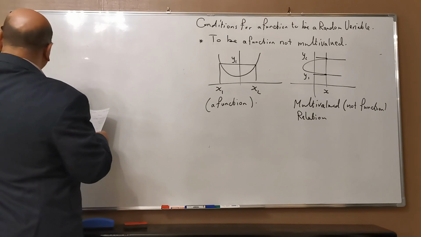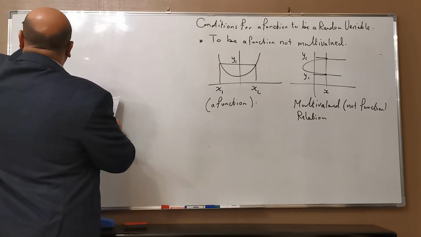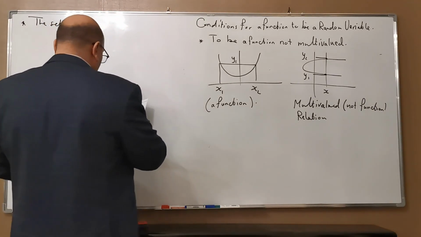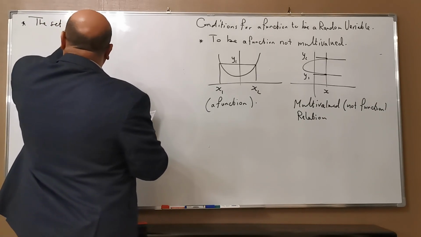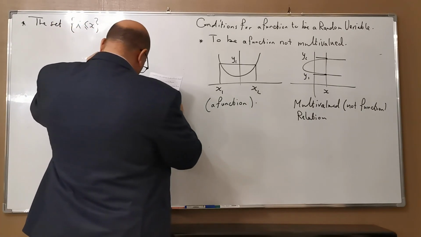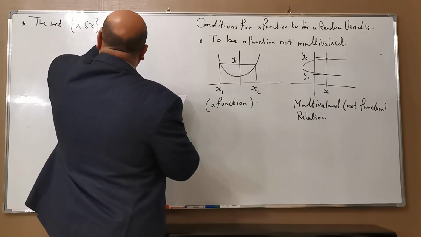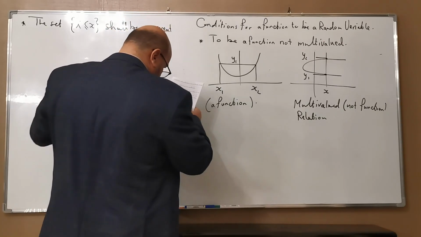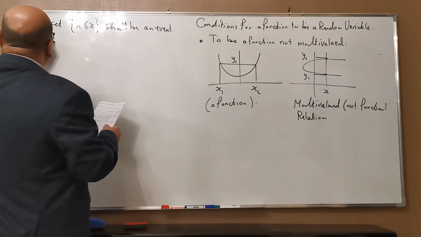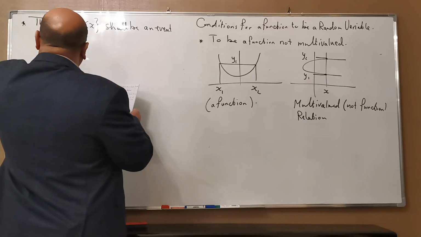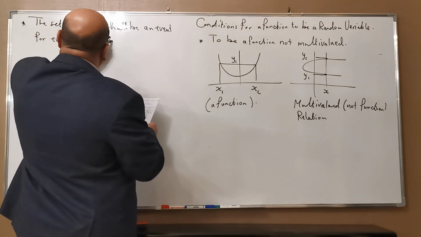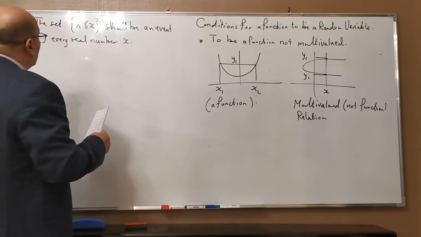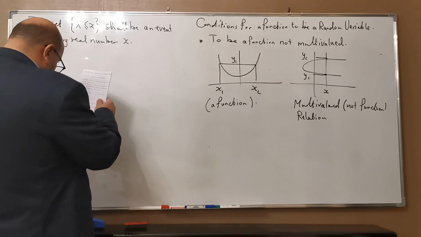Okay. The second one: the set of x less than or equal to small x shall be an event for every real number x. Let me finish this sentence.